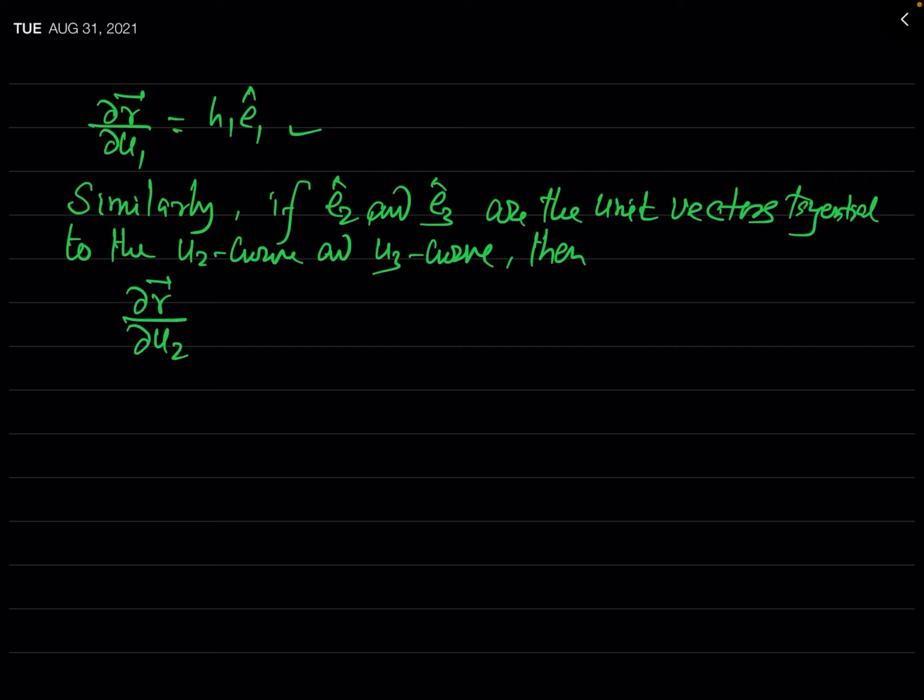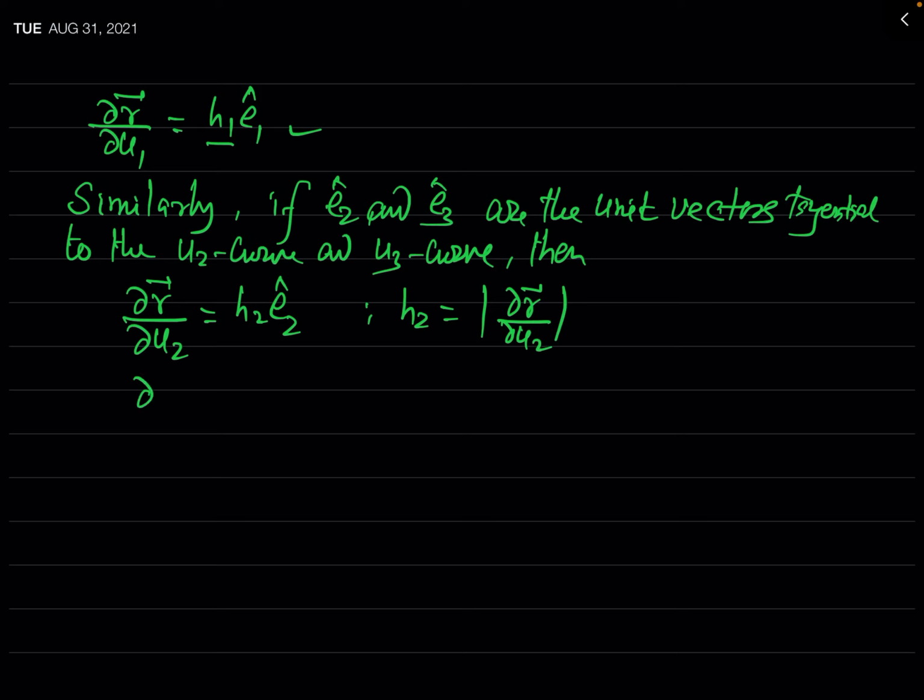Del r by del u2, instead of h1 here we will write h2, and instead of e1 we will write e2 hat, where this h2 is equal to mod of del r by del u2.